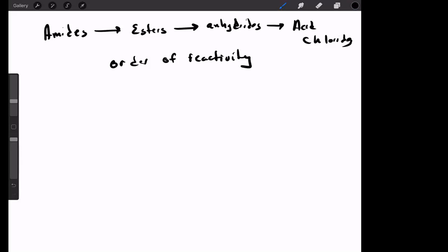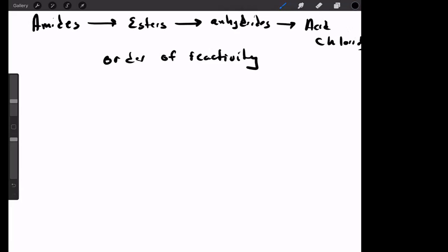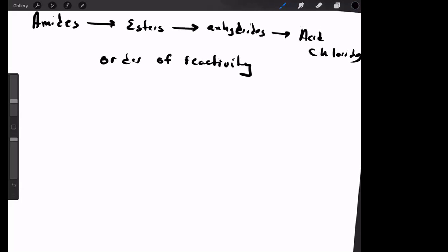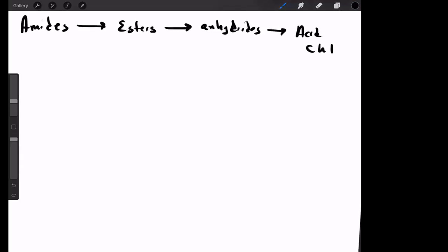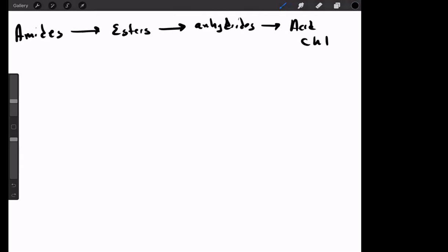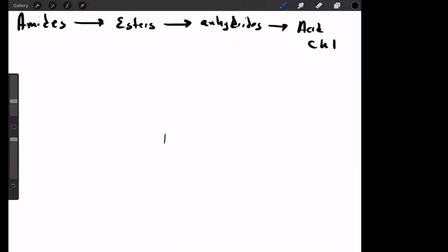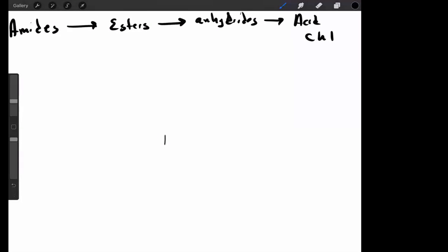Now, when we take a look at the order of reactivity, we can... whoa, what just happened? Never seen that before. Wow.